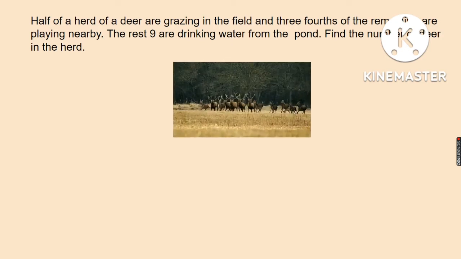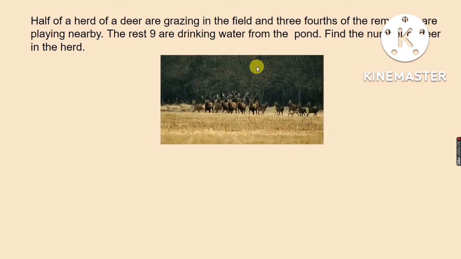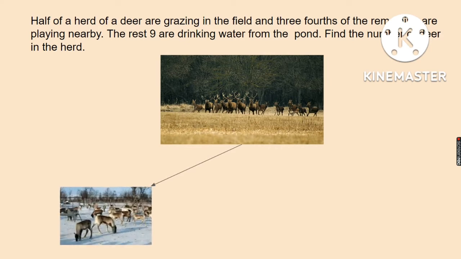Suppose these are the deer, the total number of deer, or this is a herd of deer. Half of them are grazing in a field. You can see that from all of these deer, half of them are grazing in the field and 3/4 of the remaining are playing nearby.